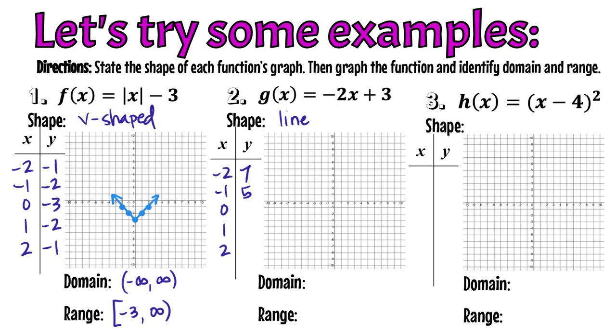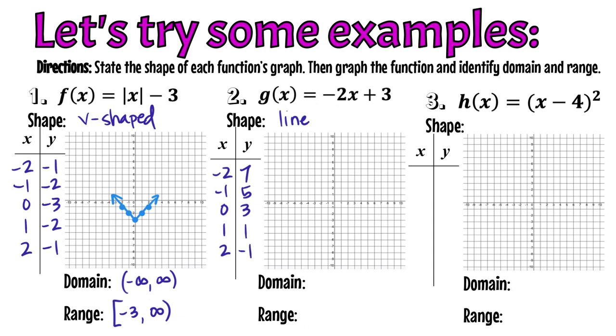If I plug in 0 for x, g of 0 is -2 times 0, which is 0. 0 plus 3 is 3. If I plug in 1, I get -2 times 1, which is -2. -2 plus 3 is +1. And lastly, if I plug in 2, I get -2 times +2. That's -4. -4 plus 3 is -1.